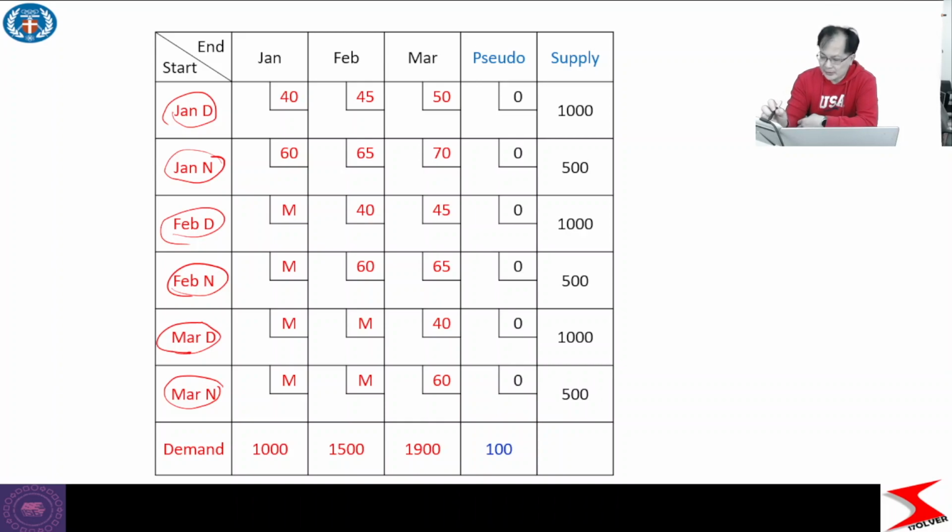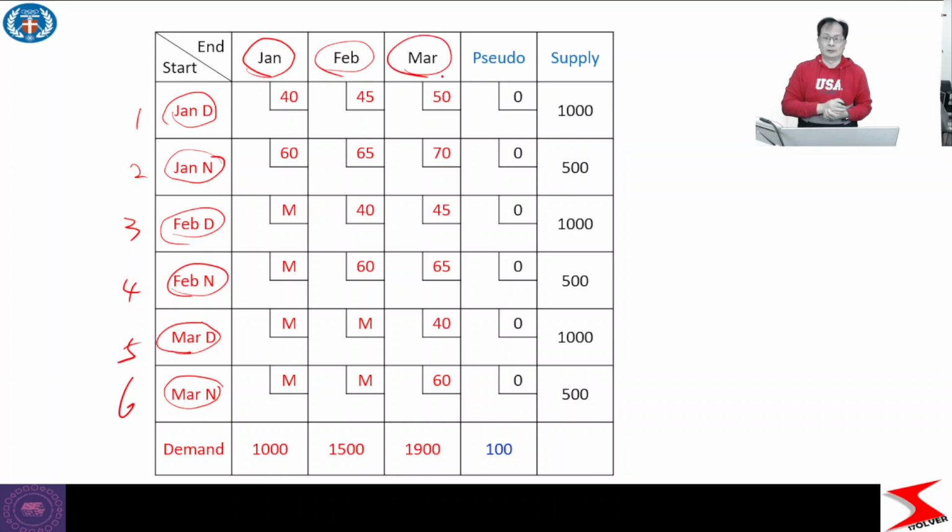So the start points could be 1, 2, 3, 4, 5, 6. And the destination points are the demand for January, the demand for February, and the demand for March.